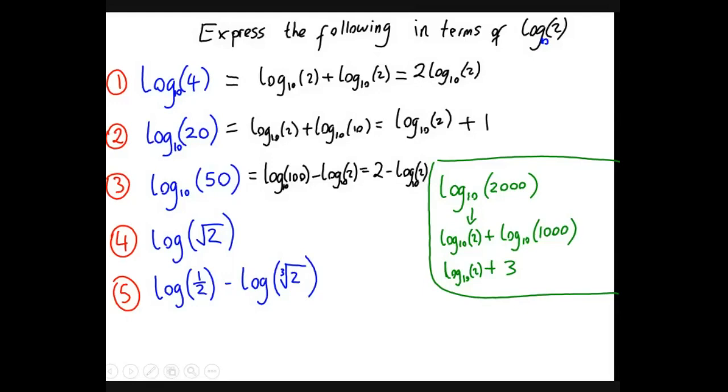For the fourth one, yeah. I thought it's like how root x is half x. So how could I rewrite the square root of 2? Instead of writing square root 2, what could I write?